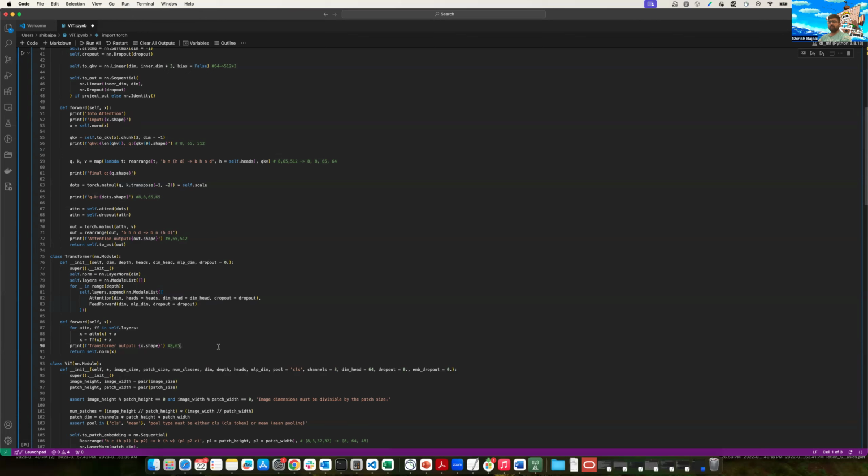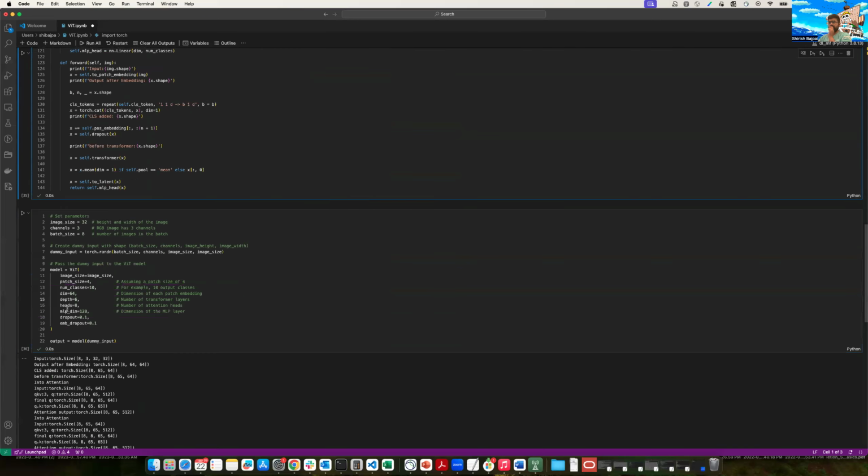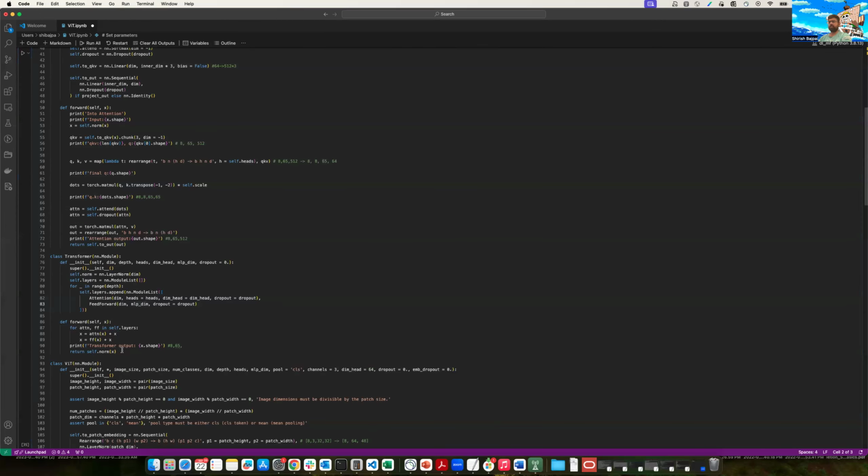Like batch size, and the MLP dimension is 128. So this feed forward layer will be the output of the transformer.